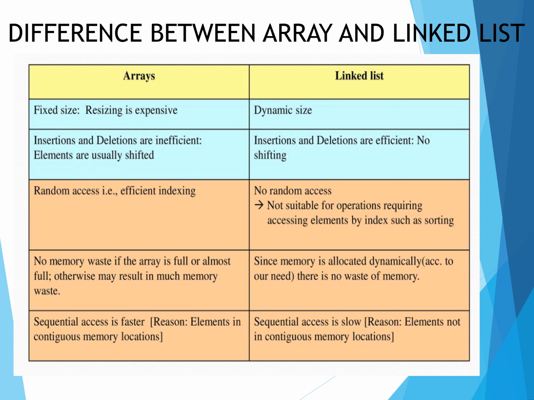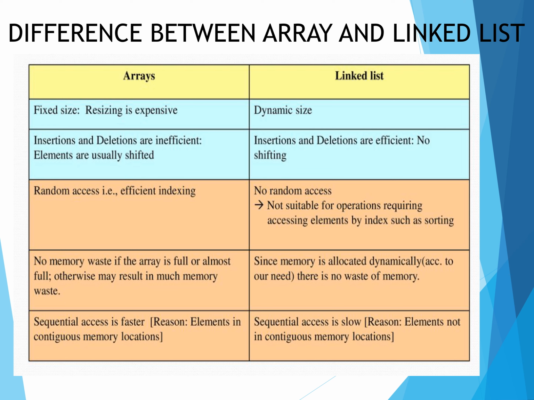Fourth point, there is no memory waste if the array is full or almost full. Otherwise it may result in much memory waste. In the previous example, we saw that if we define an array of size 100 and store only 10 elements, then the space for 90 elements is totally wasted. If we use the full array size, like 100 elements, there is no wastage in the array.